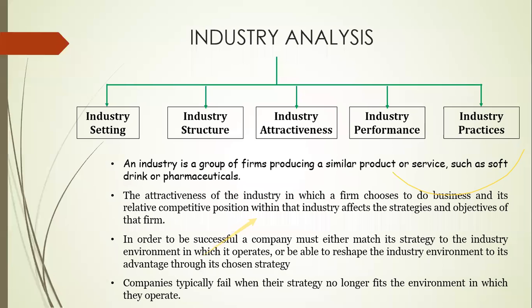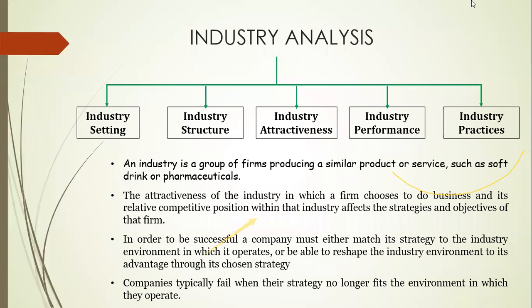Based on that, it takes a decision whether to enter or not to enter, or if it is already existing in that particular industry, whether to expand or not to expand, whether to go for a merger and acquisition or not, whether to invest or whether to divest. Anything. It can be an investment or it can be a divestment also. So those crucial or key decisions are taken by considering these parameters in industry analysis.